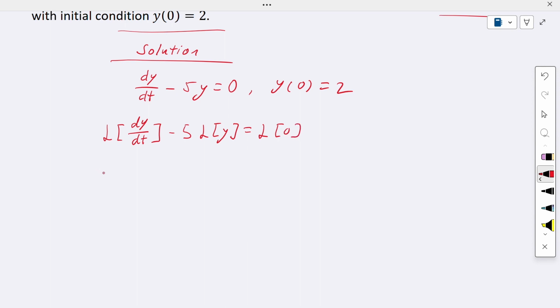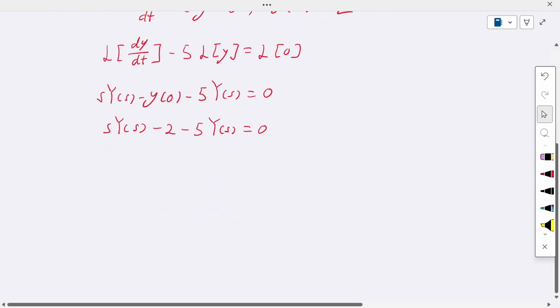So this gives us two terms. We have x, capital Y(x), minus initial condition y(0), minus 5 capital Y(x) equal to 0. Okay, so in this case, we substitute our initial conditions. So minus 2, minus 5 capital Y(x) equal to 0.